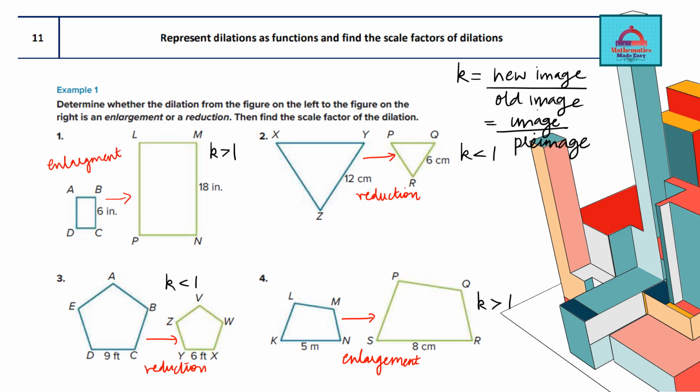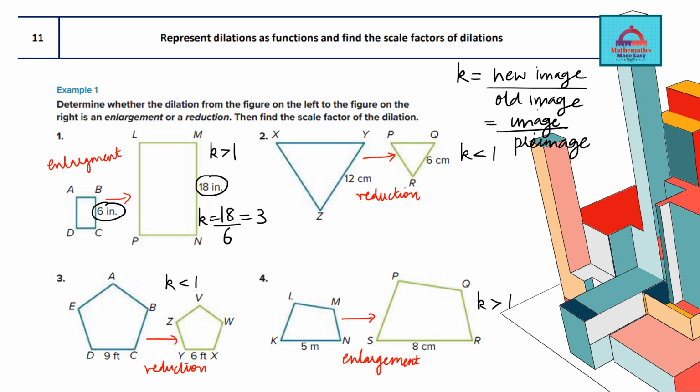So here 18 inches is the length of the side after enlargement and 6 was before. So 18 divided by 6 is going to be the scale factor, that is going to be 3, and yes, it is more than 1, so it's correct.